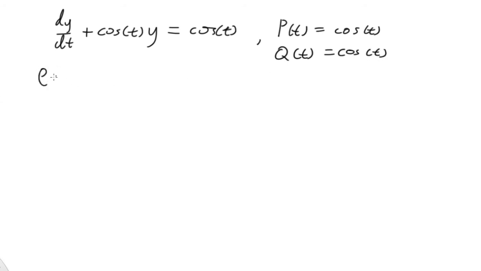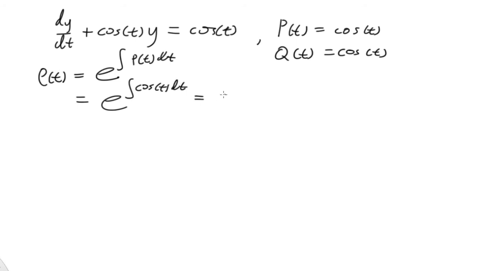That means that rho of t is going to be equal to e to the antiderivative of P of t dt, as usual, which is e to the antiderivative of cosine dt, which is of course e to the sine of t. Now we multiply both sides.